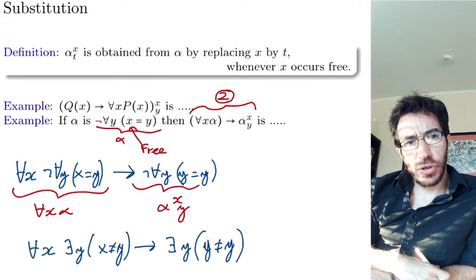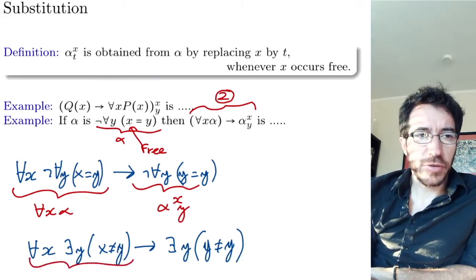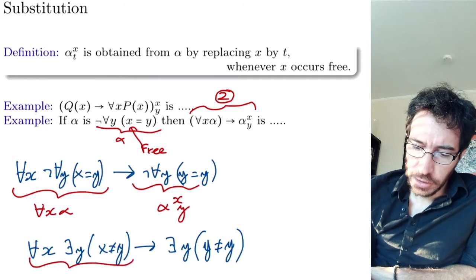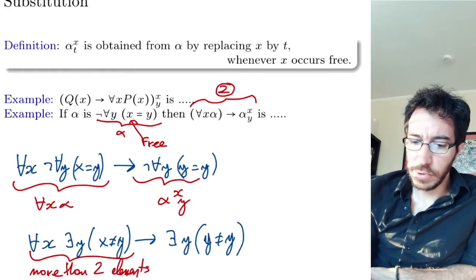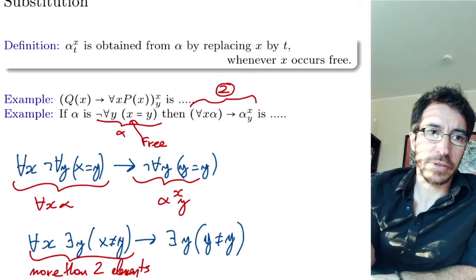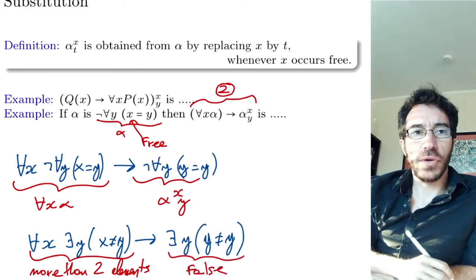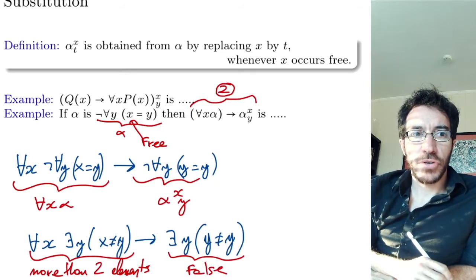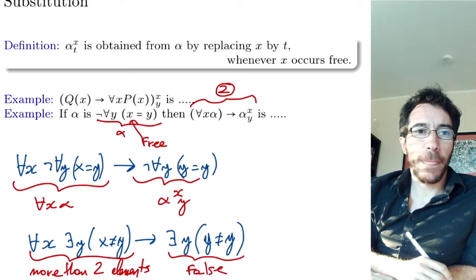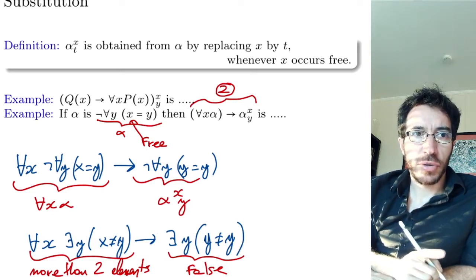This looks odd, right? So how do we interpret this? The left side essentially says for every x there is something different, so there are at least two elements in total. That's always true so long as there are two different elements in your universe. The right side is always false. There is no y that is different than itself. So you have something implies false, so essentially this is only true if there is only one element in this whole structure.